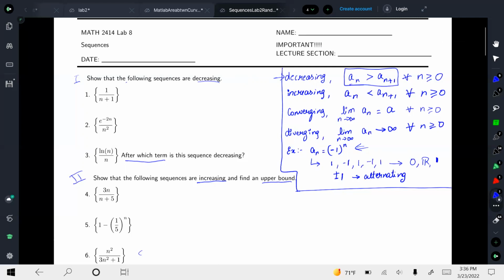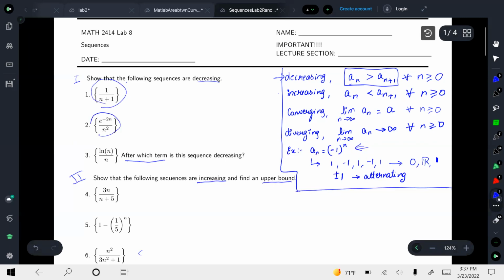If you show that a_n is greater than a_(n+1), then you are done. Now, for an increasing sequence, a_n will be less than a_(n+1). What is this a_n? That is nothing but the sequence given in the problem. The complete sequence will be called a_n.